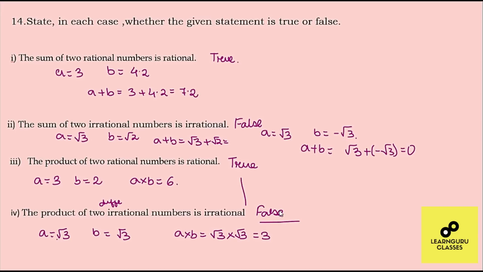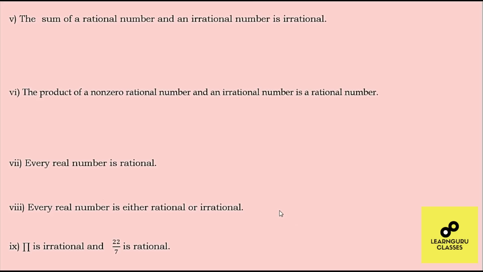Fifth question. The sum of a rational number and an irrational number is irrational. So let's take a rational number as 3 and an irrational number as root 2. So if I add these two numbers, 3 plus root 2, that will give you an irrational number. So the statement is true. Okay. The product of a non-zero rational number and an irrational number is a rational number. Let's check.